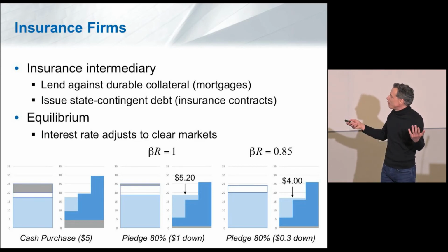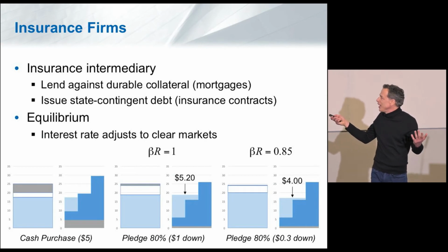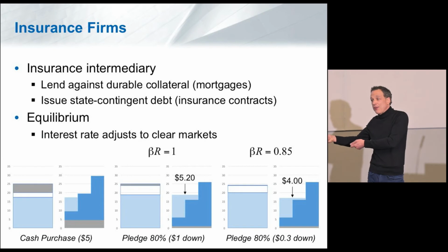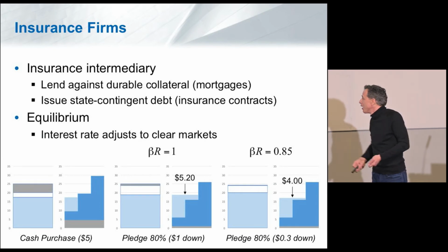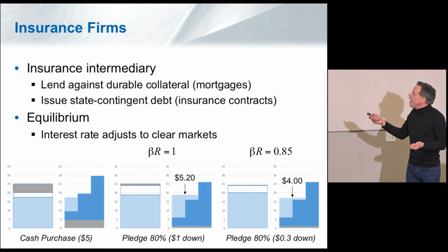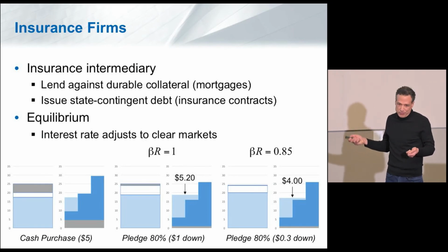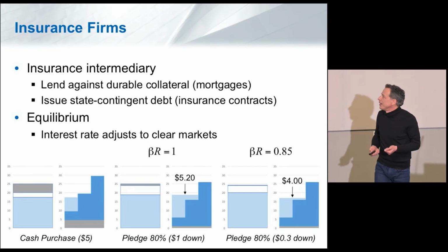They're also spending less up front until we get to the point where those insurance claims match how much collateral is available, which was in this case the $4 in collateral. So that's what's going to happen in equilibrium, pushing down the interest rate if we're in this position initially. Okay, so that's the idea in the model.